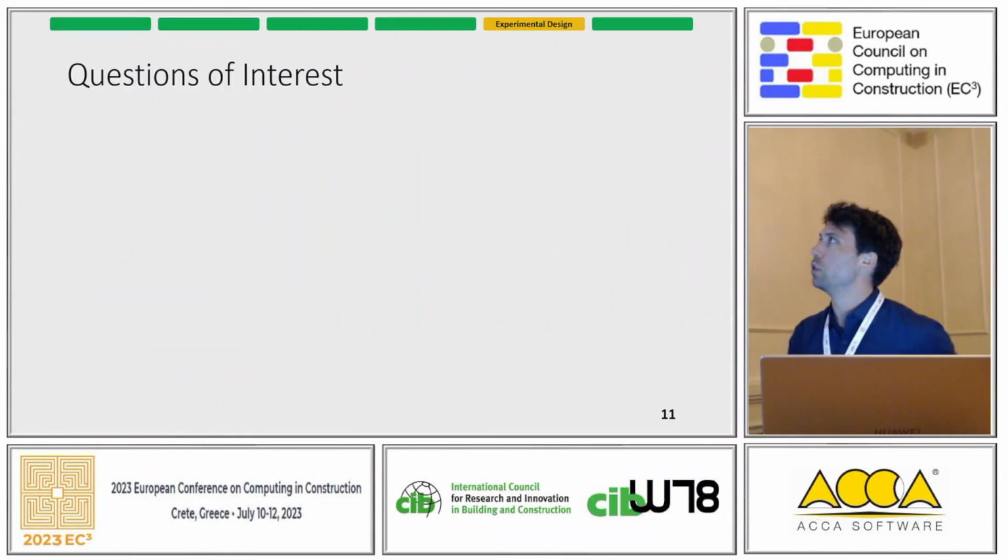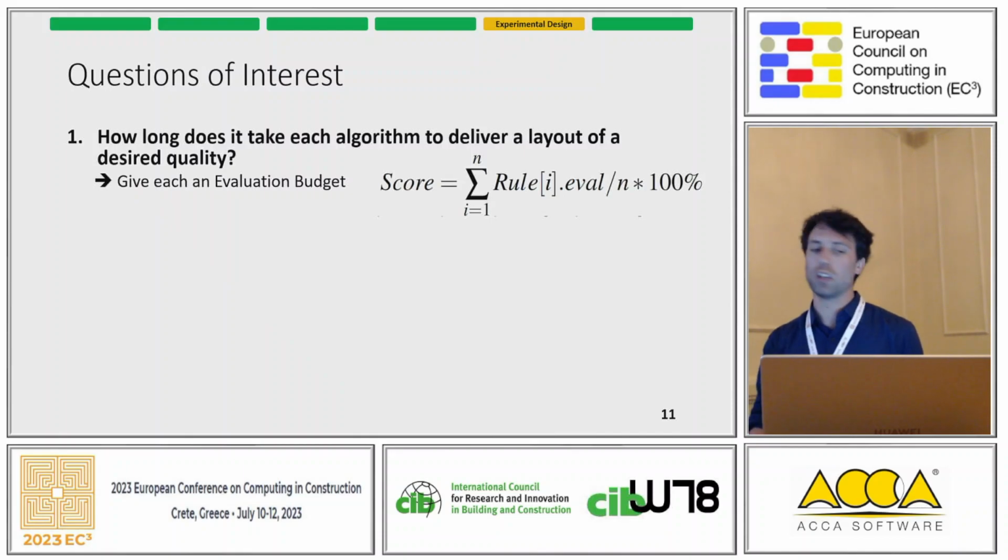So there are a few questions of interest that we want to look at when comparing those search methods. First is the efficiency. If we give a budget to each of these methods of how many checks or rule evaluations they're allowed to do throughout their process, we want to see what the final score will be. So this is basically how efficient they're going to be.